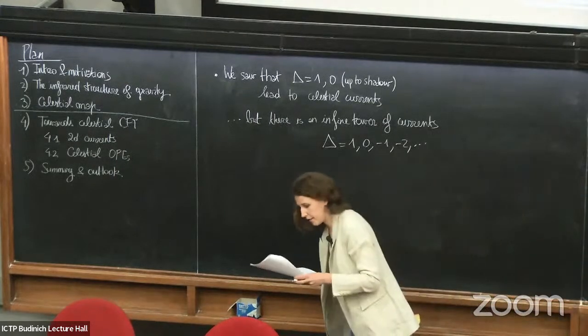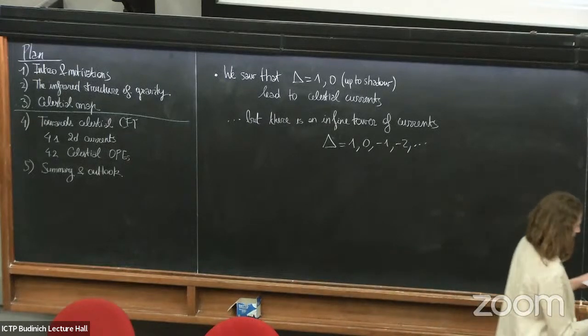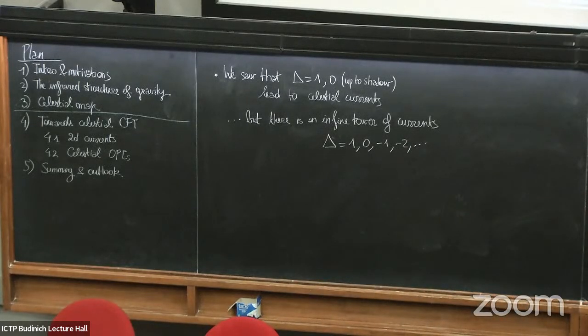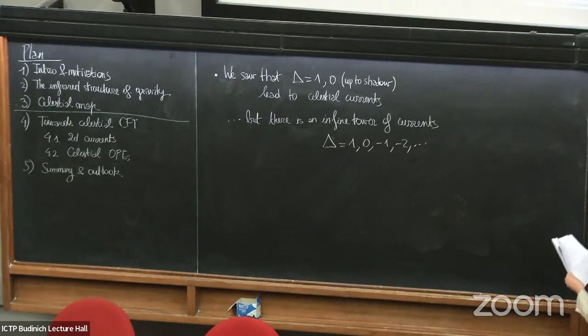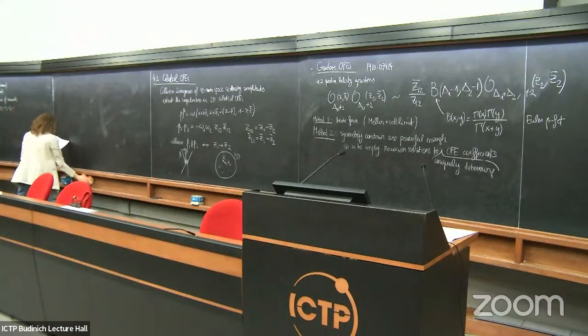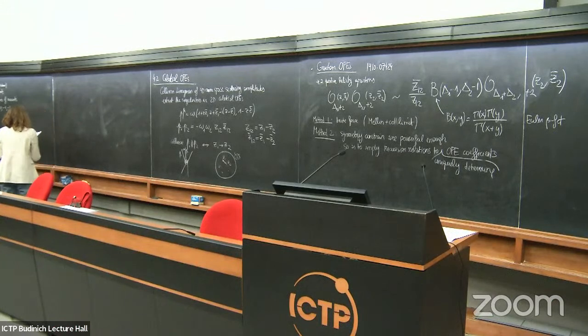Unfortunately, I don't have much time to talk about that in more detail. And I will just go to the summary of what we have learned in these 4 lectures, and what are the main questions that remain to be answered in celestial holography.